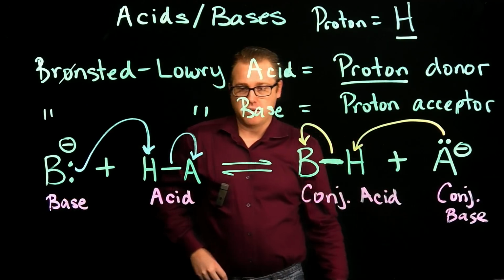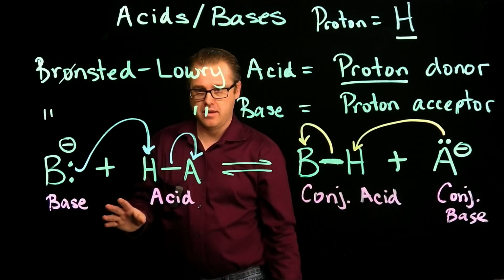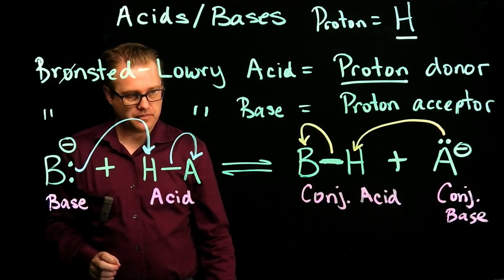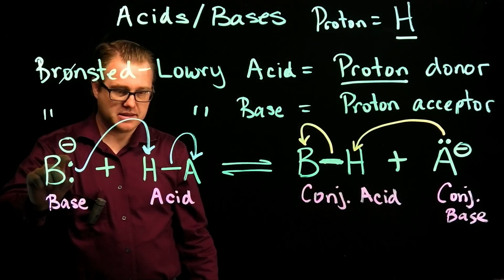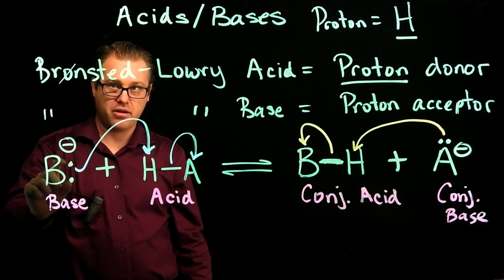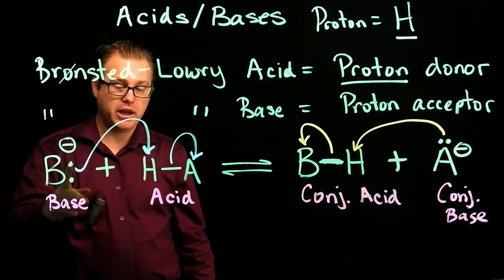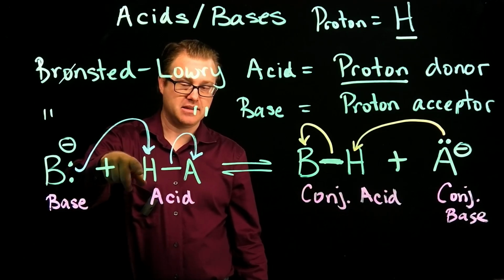So it's really, really important to understand what's happening with these mechanism arrows. When you have a base, bases have lone pairs that are going to be used to attack the hydrogen on the acid.